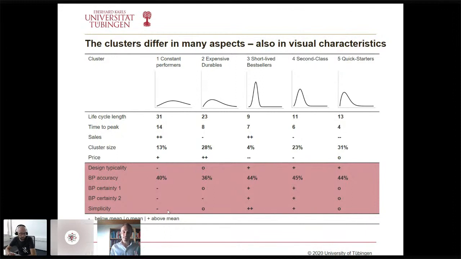So we can tentatively conclude that the short-lived bestsellers, this class here and this one here, are more typical products with a brand that is better visible, and they are simpler in visual characteristics. That's something we can tentatively conclude from this picture.